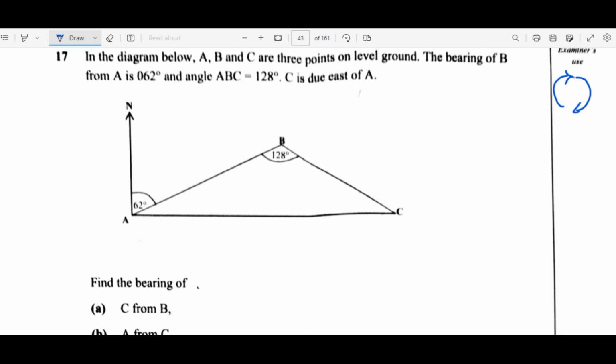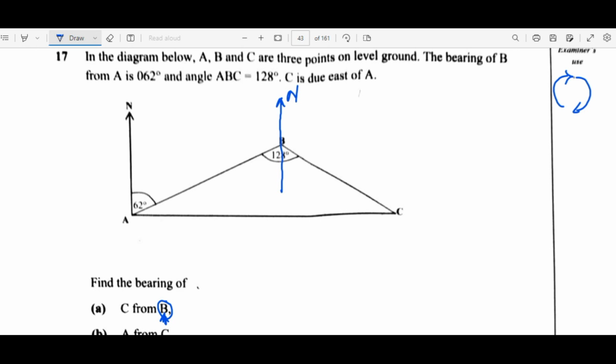Now let me help you to know how to draw this bearing. The key point is where it is coming from. That is where your focus should be. This bearing is coming from B, so I'm going to draw a vertical line through point B. Then I put north.